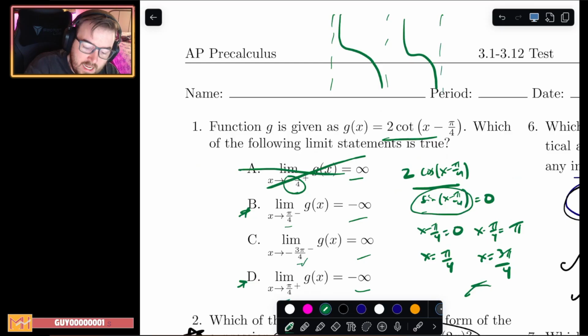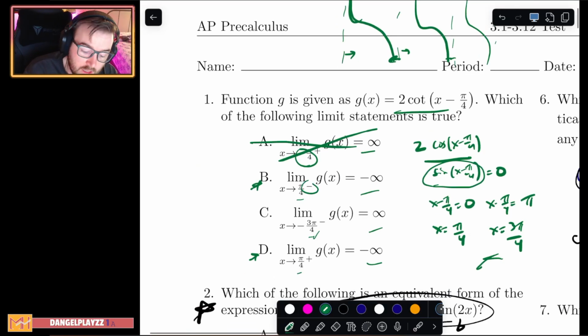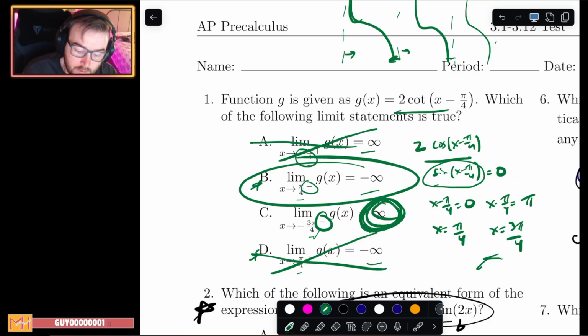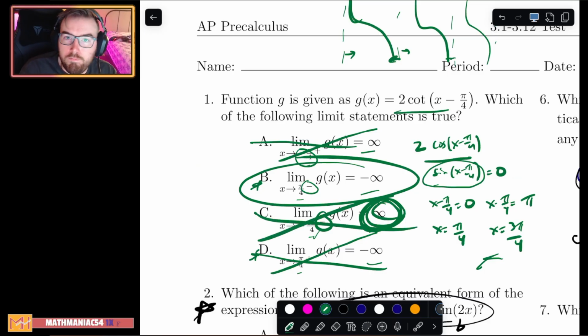So what we're saying is on the right-hand side of every asymptote, graph go up. And on the left-hand side of every asymptote, graph go down. On the left, graph go down, not on the right. Okay? You feel me on that?